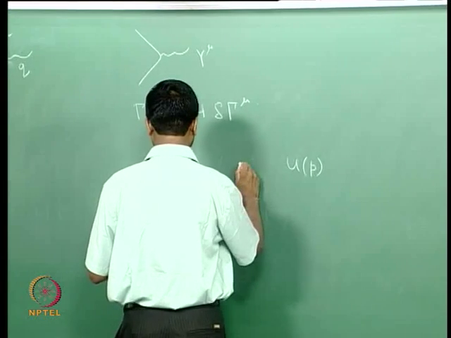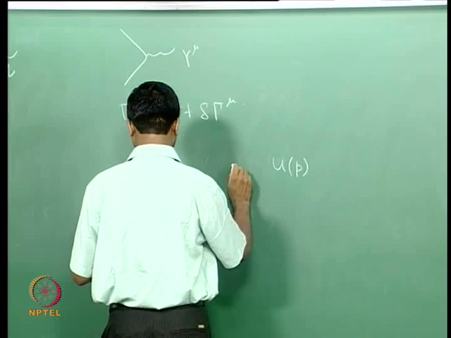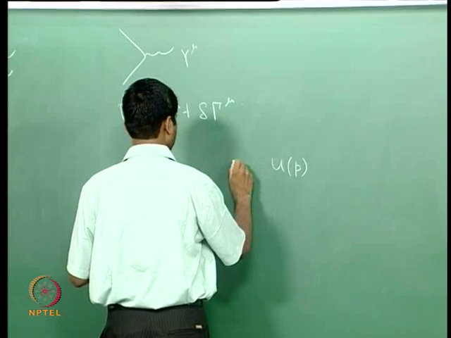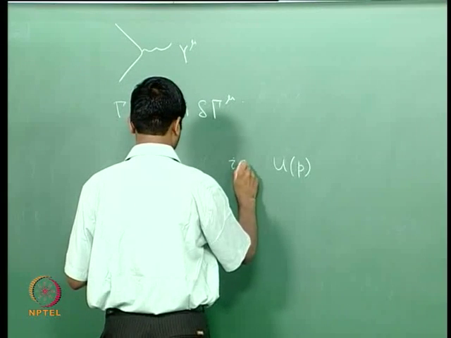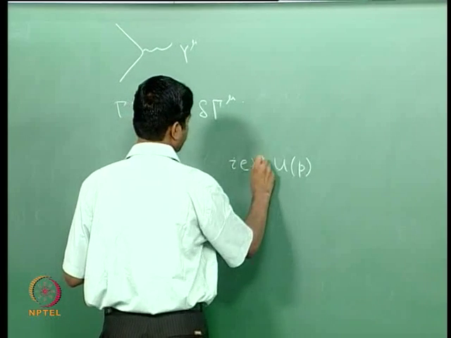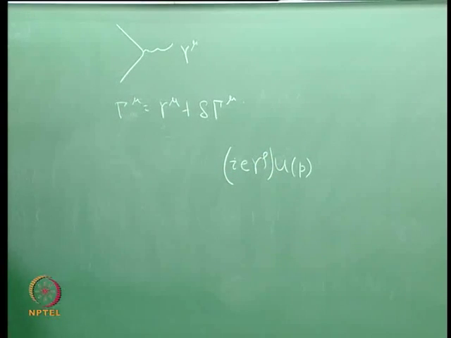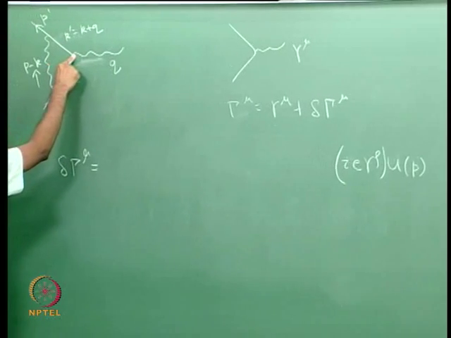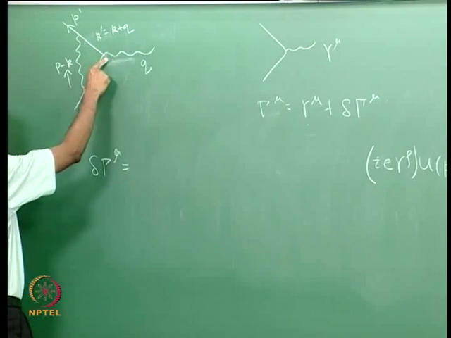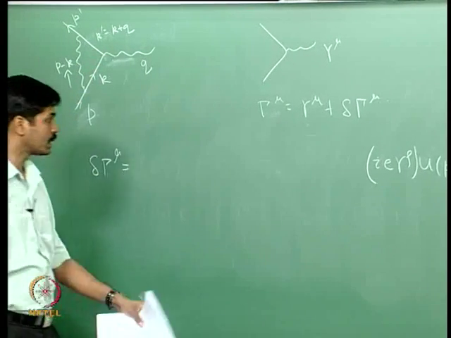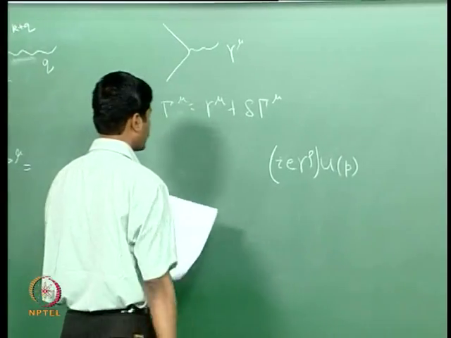I will use the notation where gamma rho I will use. Then I have a fermion propagator. What is the factor for the fermion propagator?